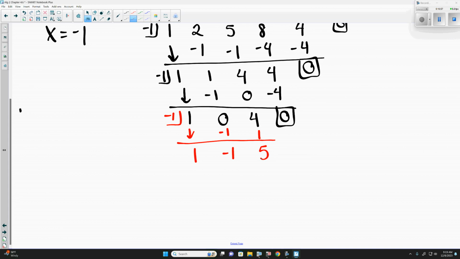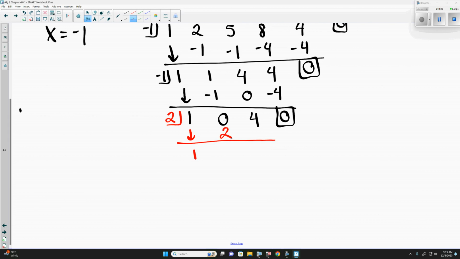And 4 plus 1 gives us 5. So negative 1 does not work a third time. But also, if it worked a third time, because most likely there's an even multiplicity, it would have to actually work a fourth time. It would have to work 2 more times. It does not.